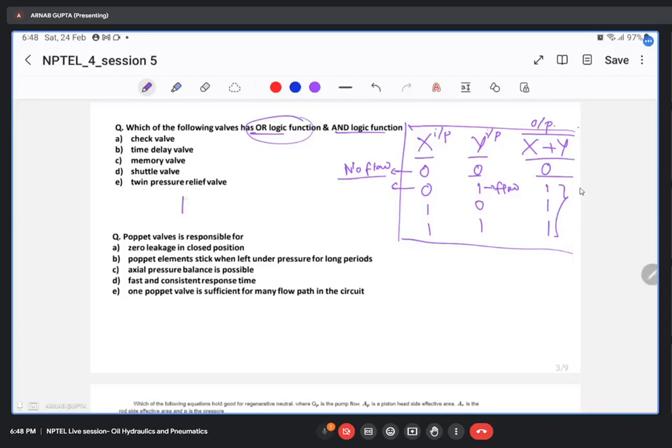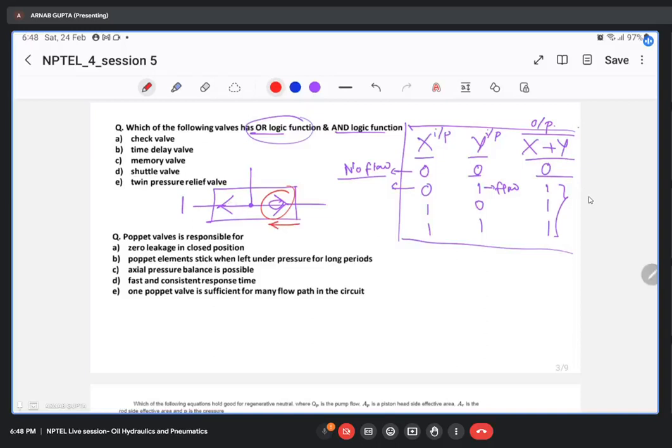If you want to realize this in a hydraulic or pneumatic circuit, and draw the symbol, it's like this. These are NRVs, non-return valves, that allow the flow to happen only in one direction.